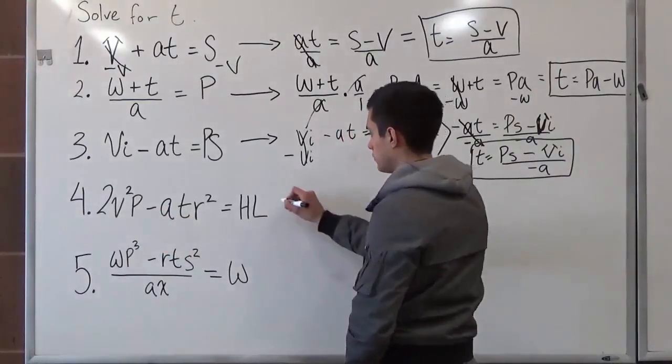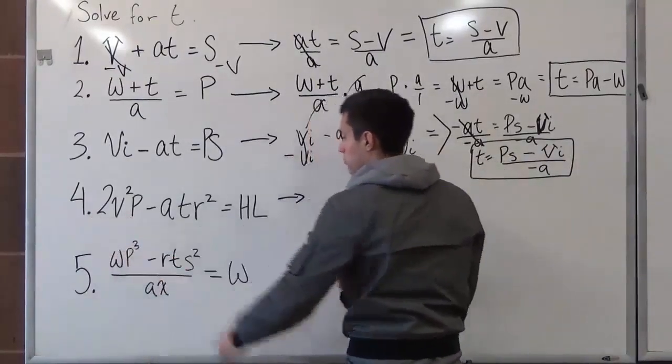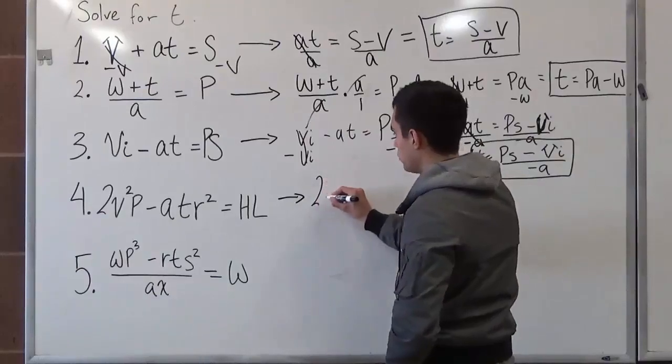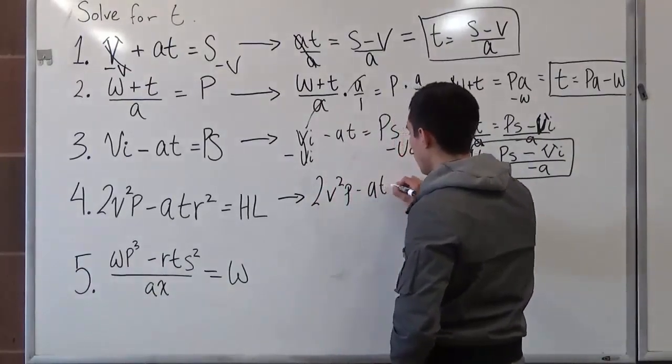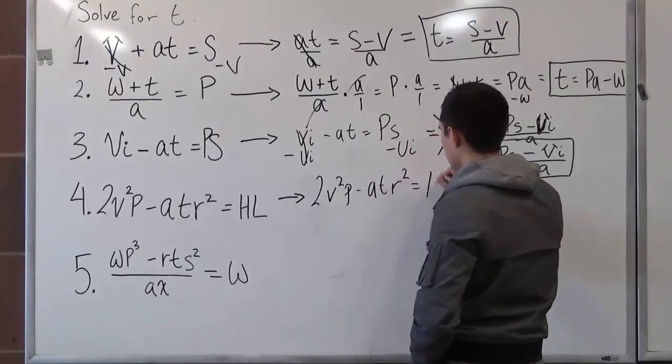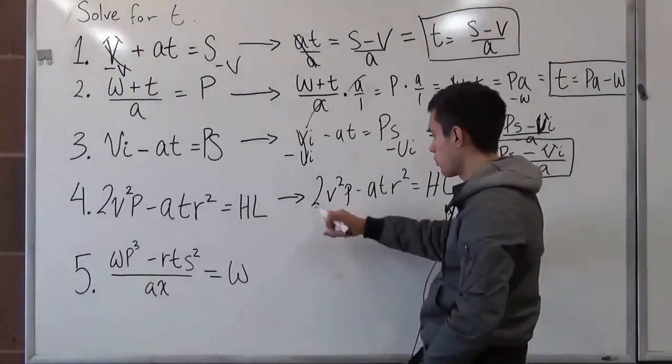So now, in order to do this, always remember this is what we're trying to move. So we have 2v squared p minus atr squared is equal to hl. So what we did before, we're going to subtract this as a whole.